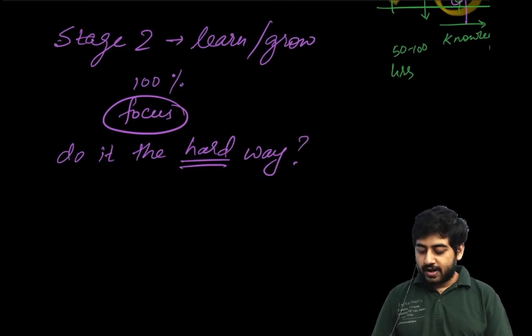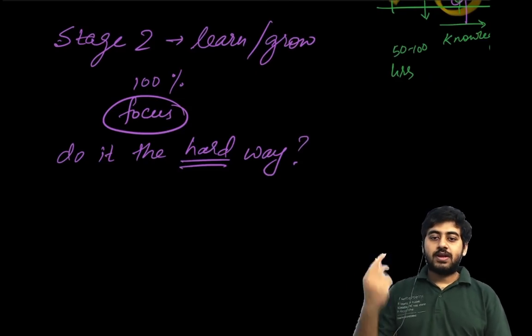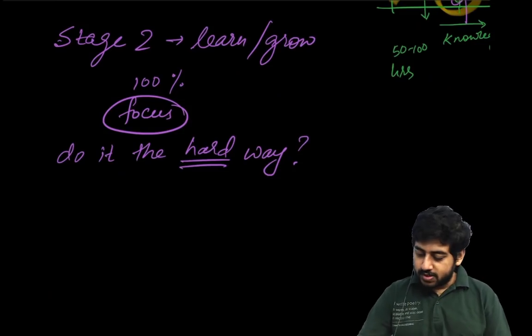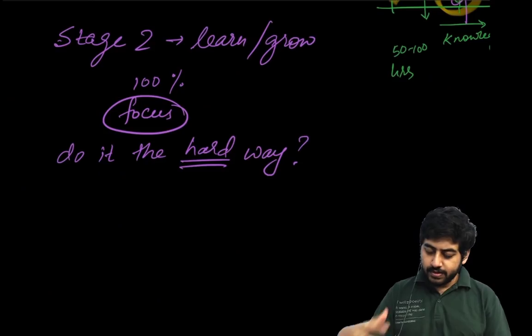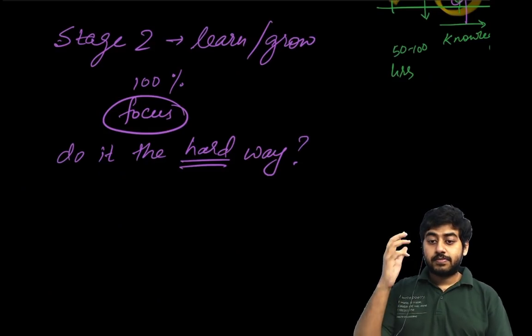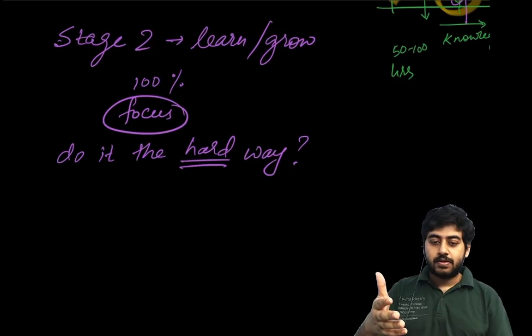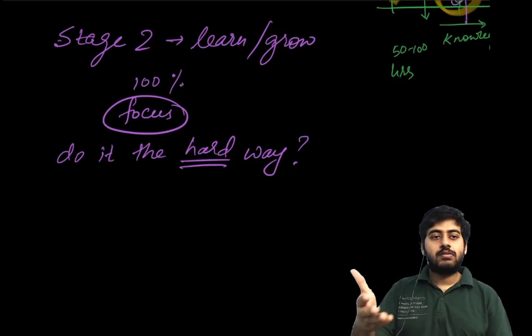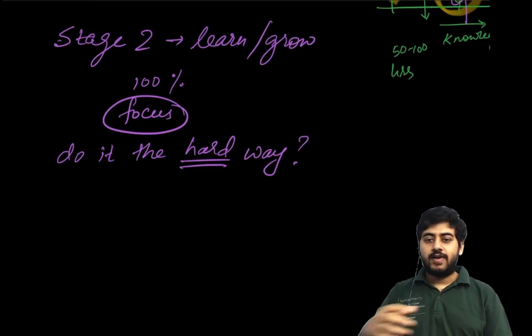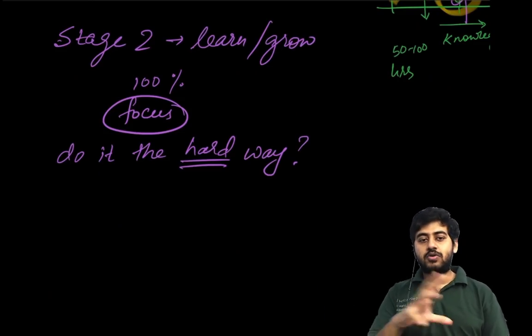So what is do it the hard way? If you go to Google and search for learn Python the hard way, learn Java the hard way, you'll find a lot of articles written about this process.